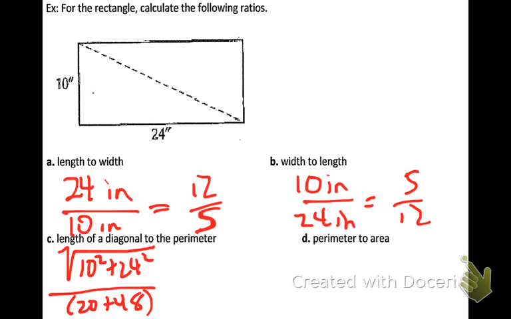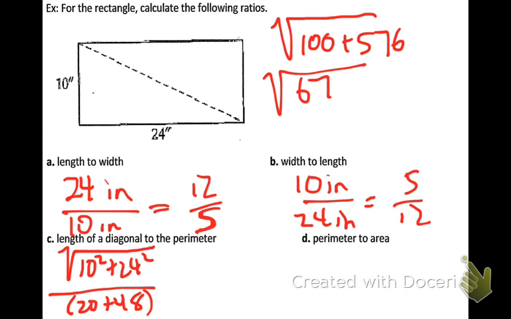Let's go up here to the top and solve this Pythagorean theorem. So 10 squared is 100, and 24 squared is 576. The square root of all that is 676, which equals 26. We could also use, since it's a multiple of 5, 12, 13, you could do 5, 12, 13 and multiply times 2. Yeah, that's one of the ratios.